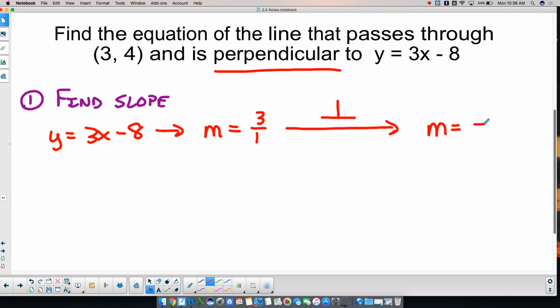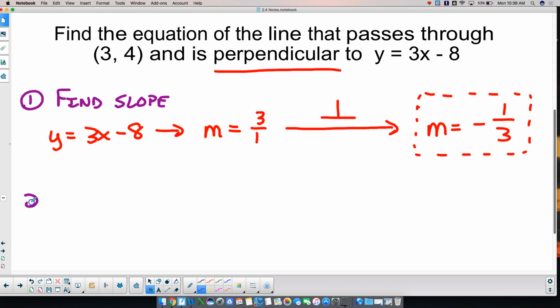The reciprocal part makes it become 1 over 3. So the slope here is negative 1/3. And that then is the slope that I use now for the rest of the problem. If I were to use the slope 3 over 1, that would be a parallel case. But I want to be perpendicular.